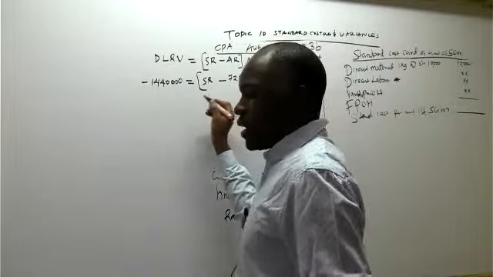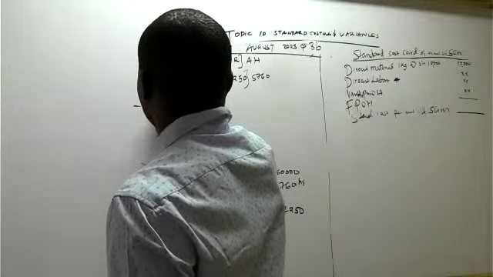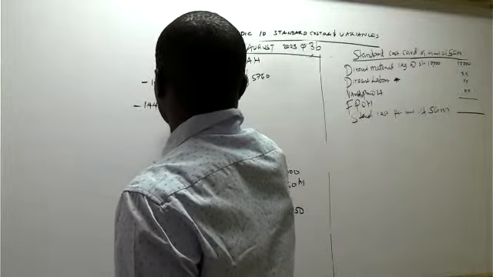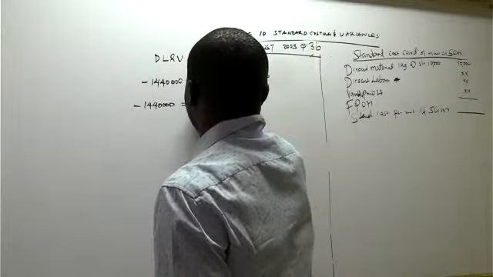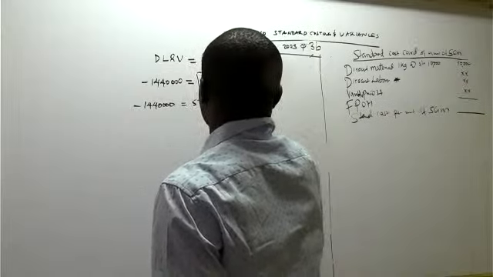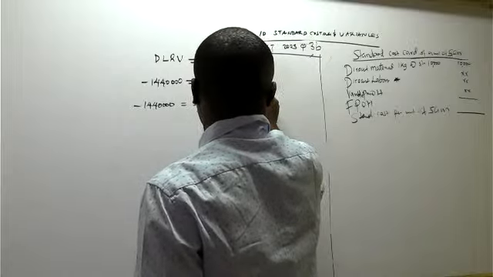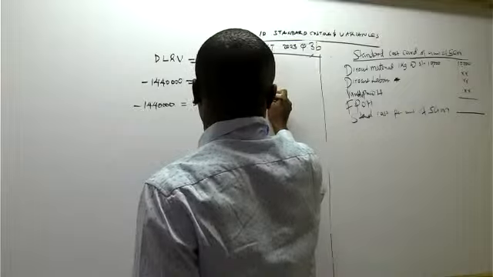If that is done, I need now to break my bracket by taking negative 1440 is equivalent to 57.60 SR minus this times this. I think we are going to arrive at the same figure, 41,760,000.